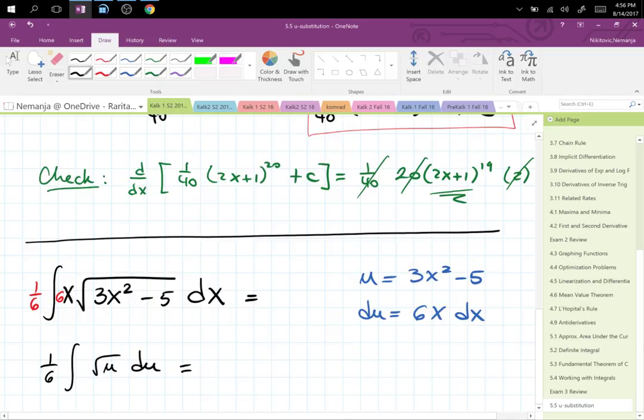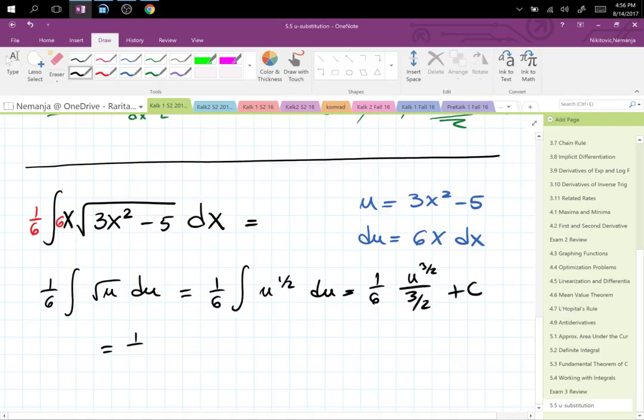So you see how much easier, how simpler the whole thing is. Now we know how to integrate this. It's 1 over 6 integral of u to 1/2 du, which gives us 1 over 6 u to the 3/2 over 3/2 plus c.